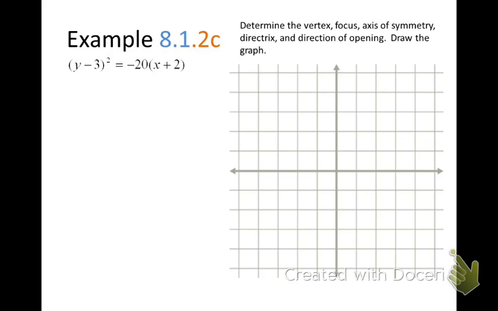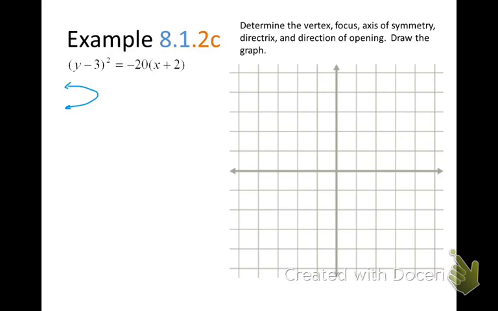So for this one, I don't have to do any rearranging. I can just start. Which way does it open? Horizontal or vertical? Horizontal, because we have y squared. Negative meaning to the left, right? Okay?